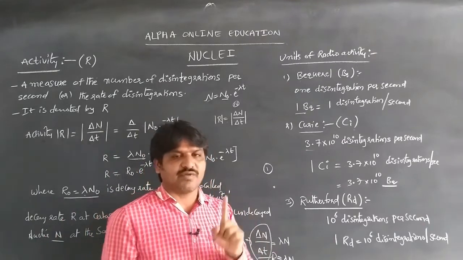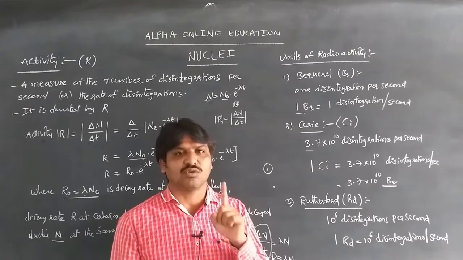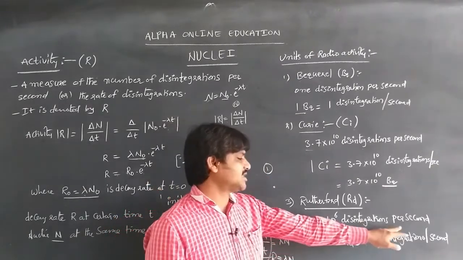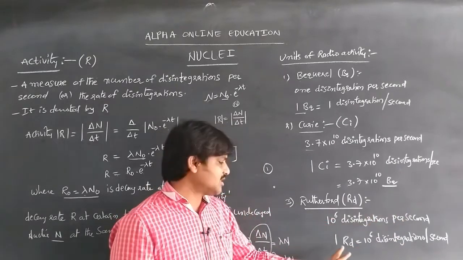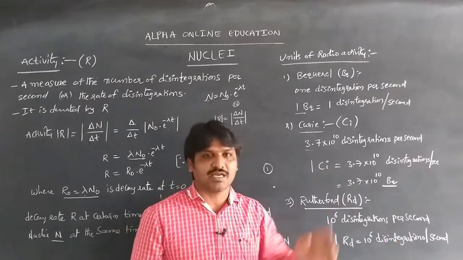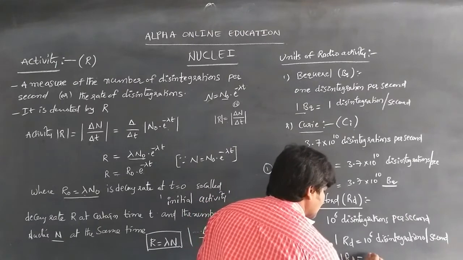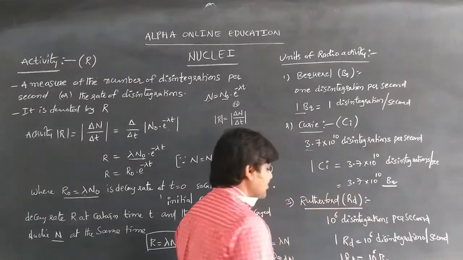So 1 Rutherford is equal to 10^6 disintegrations per second. Also we can say 1 Rutherford is equal to 10^6 becquerel.